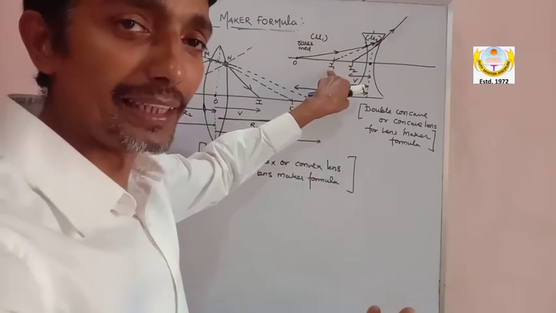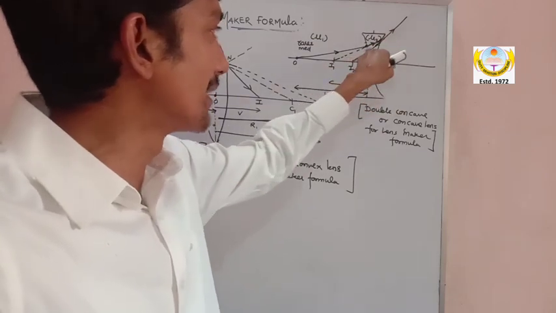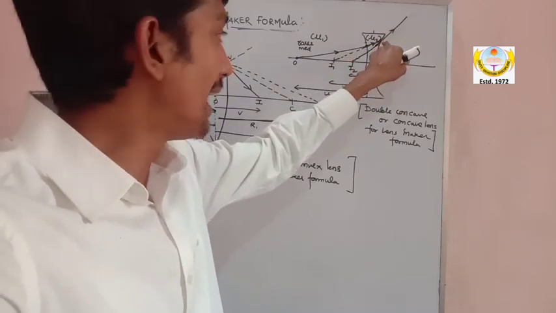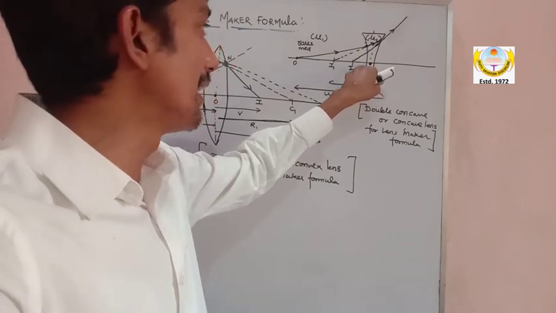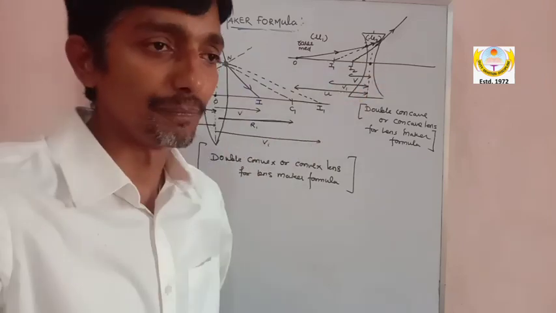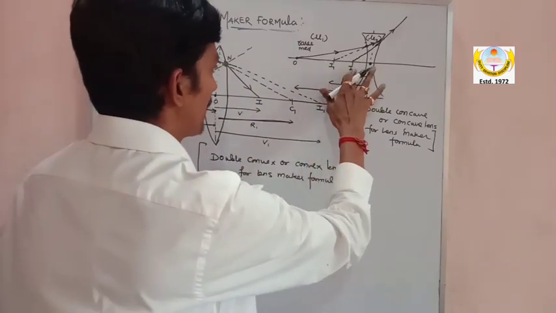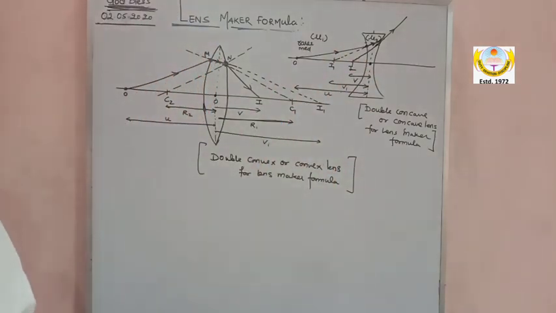But now this image I1 for the second refracting surface, this image I1 acts as the virtual object, and it will form the image, further image, that is virtual image, as I2. Am I clear? So here instead of writing I2, I can write this as I. So this is the final diagram for a concave lens, my dear. So that's all here for the lens maker formula.